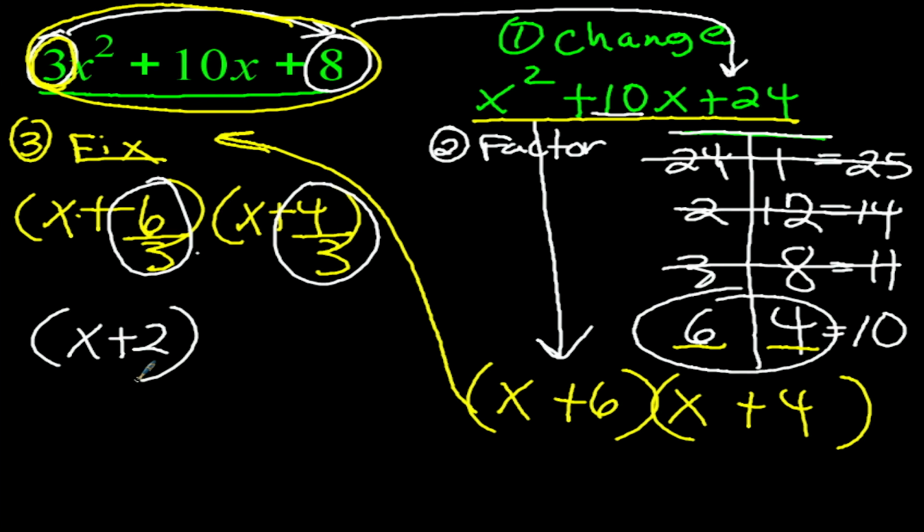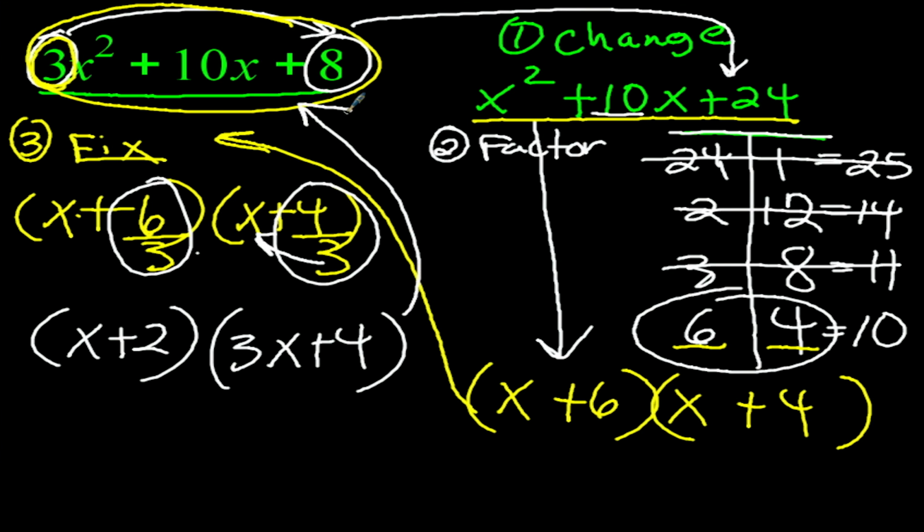If we look at the second one, we can't divide 4 by 3. So remember, if we can't divide, then we have to do the over-under method. That means we're going to move what's under over to the front. So we're going to write that one as 3x plus 4. And that gives us our 2 binomials, which are the factors of our original equation.